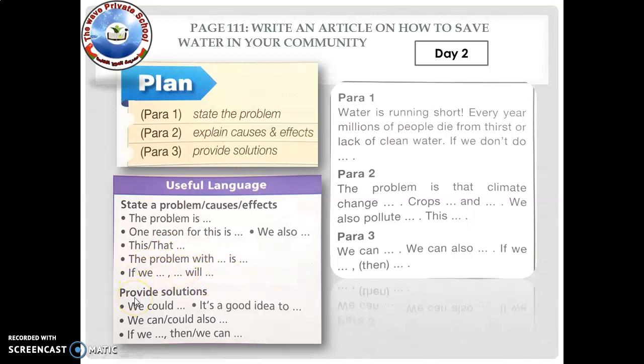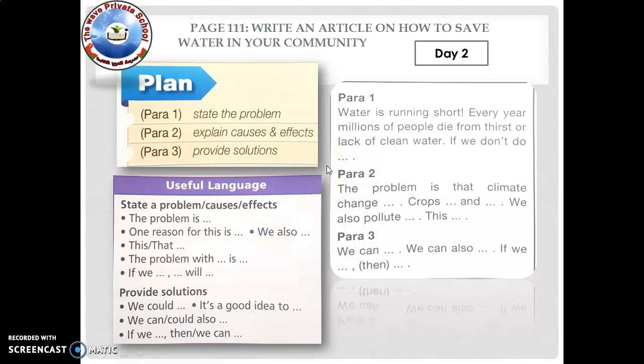So, how are you going to provide solutions? This useful language is for stating the problems, the causes, and the effects. To provide solutions: we could, it's a good idea to, we can, we could also, if we, then we can. So here in paragraph 3.